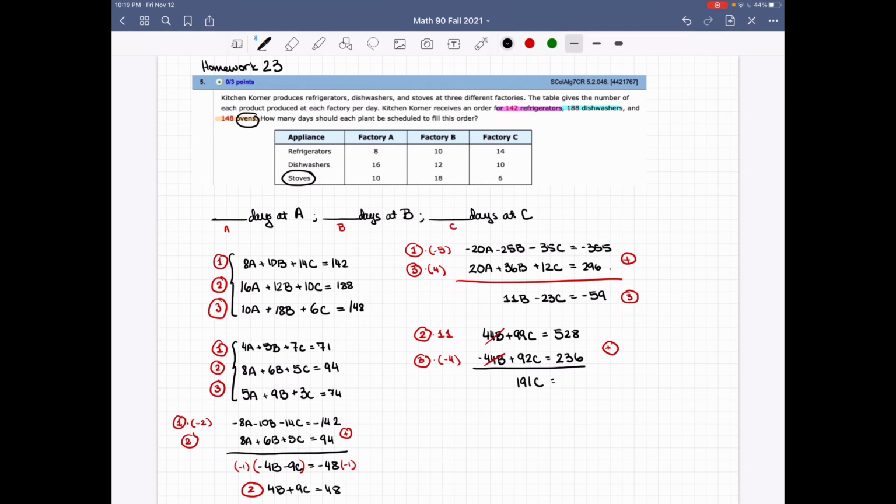I'll add those on a calculator to make sure we don't mess anything up. So we have 528 plus 236, and that's 764. I guess we should take a moment to write our new system.